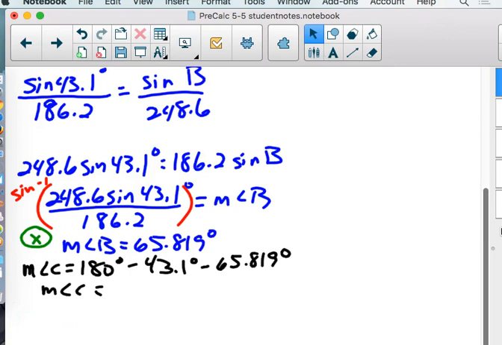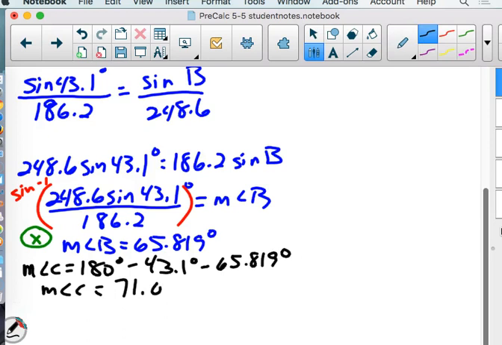So 180 minus 43.1 minus, and now I can either do second answer because that was the last thing that I typed in, or I can recall it as X. So 71.081 degrees. We have everything? All three angles, all three sides?